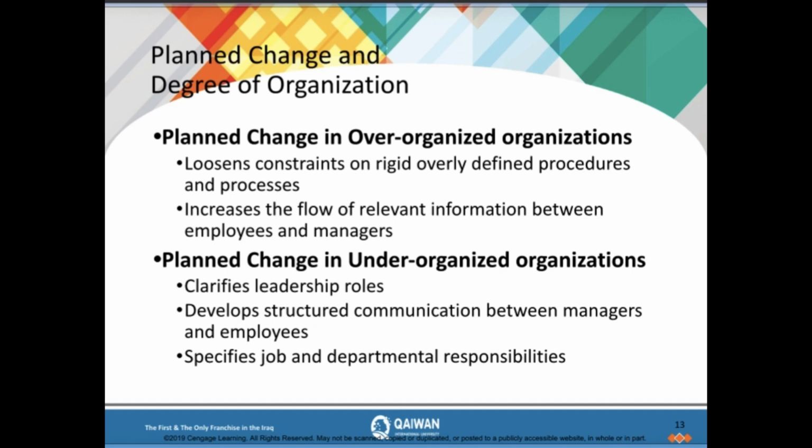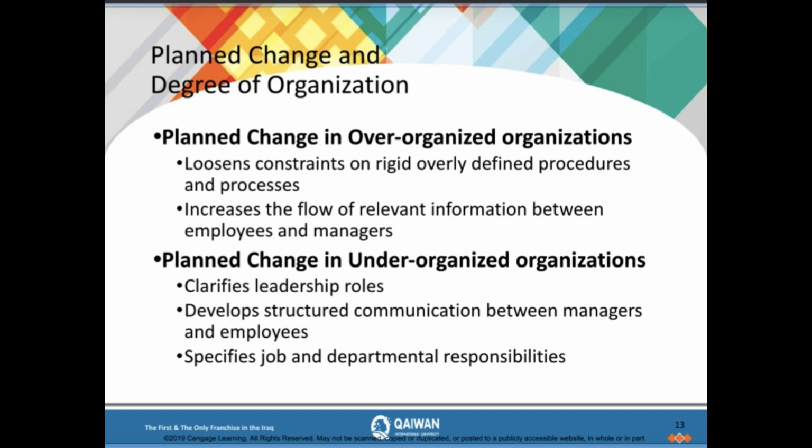This means giving employees more flexibility in how they work. It also increases the flow of relevant information between employees and managers, so everyone can respond better to change and make decisions more effectively.